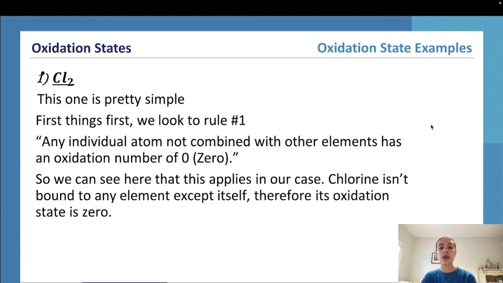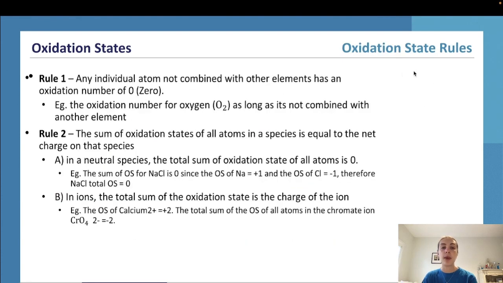So we're just going to go through a few examples of these. Our first one here is quite simple, and the first thing we're going to do is look at rule number 1, because rule number 1 tells us that any individual atom not combined with other elements will have an oxidation number of 0.